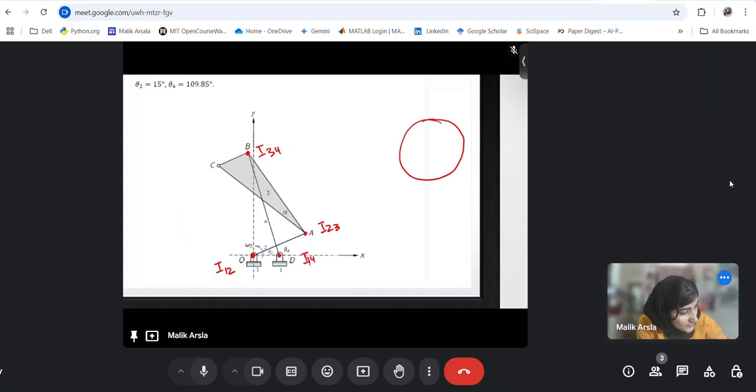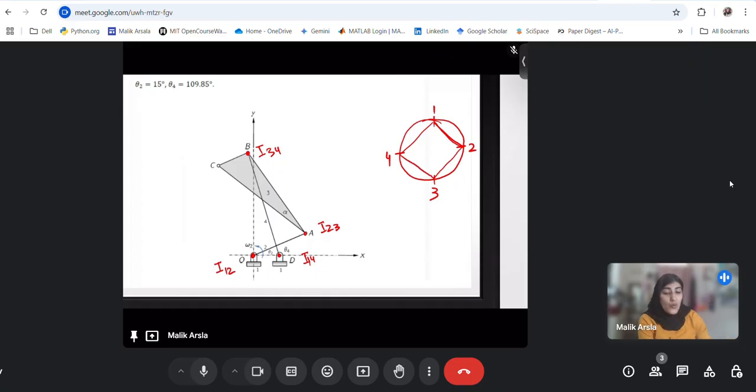Okay, so let me write the number of links, which is 1, 2, 3 and 4. After that I know I12, so let me connect these lines. Then I also know I23, right? I14 is also known to me, and I34 is also known to me.